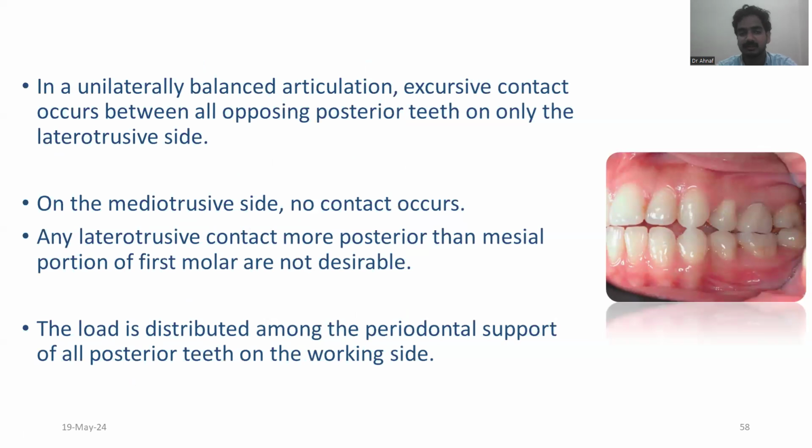So in unilateral balanced occlusion, this excursive contact occurs between all opposing posterior teeth only on the lateral side. On the other side, that is the medial side, there is no contact, and contacts are not desired posterior to the mesial portion of the first molar. The load is distributed among the periodontal support of all posterior teeth on the working side. Since there is multiple teeth contact on the working side, the load can be distributed to all the teeth.